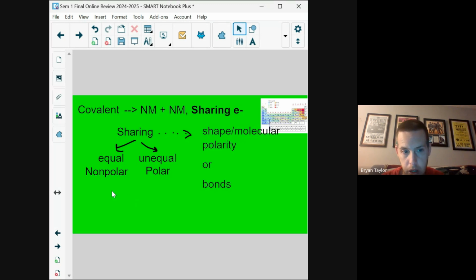And here's where it comes in. The big thing about this is the Lewis structures and the bonds. So I'm going to write this down with Lewis. I just need to copy and paste this really quickly. Please forgive me.